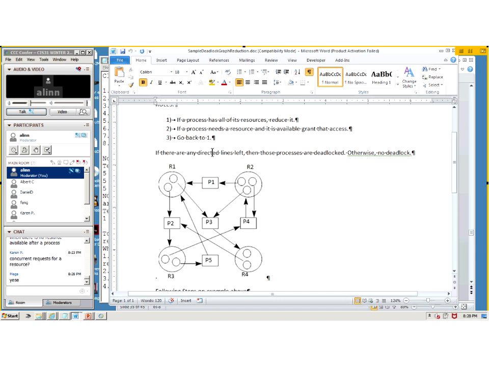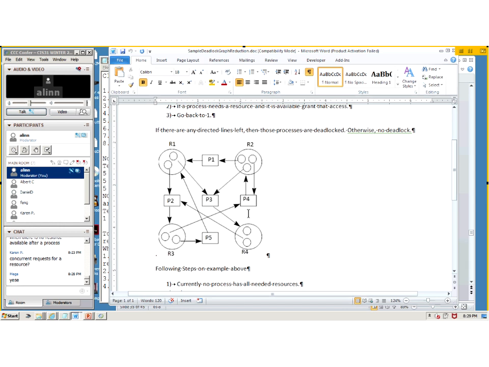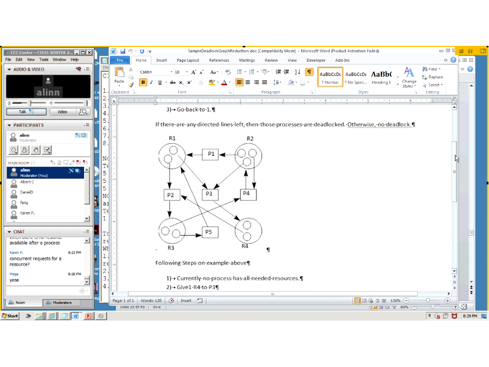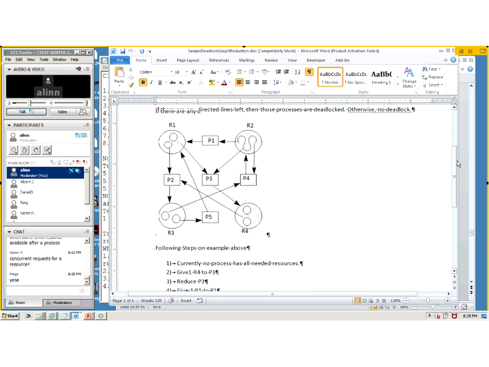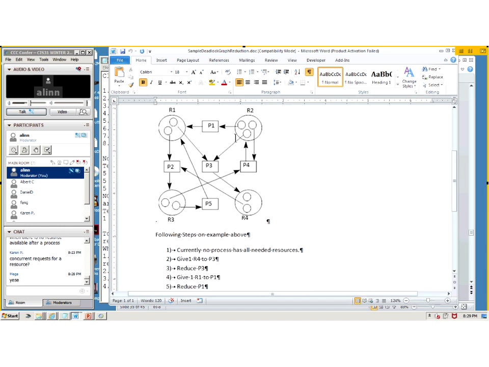Finally, if there are any directed lines left, then those processes are deadlocked. Otherwise, no deadlock. You're going to have something on the test that looks like that, so you'll have to determine if it's deadlocked or not by going through these steps.